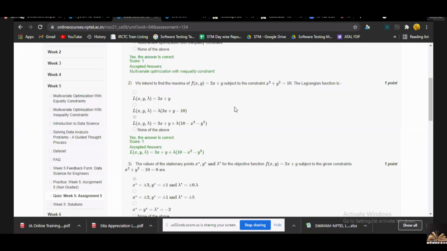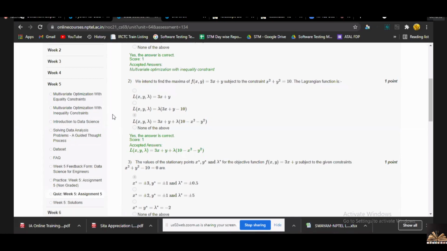Suppose for the same constraint I say x square plus y square less than 5, then that is an inequality constraint. It is not exactly equal to 5; below 5 it can be any value.